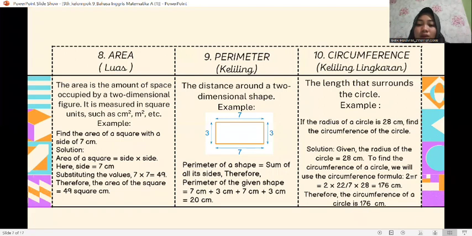So 2 times 22 divided by 7 times 28, since r is 28, equals 176 centimeters. Therefore, the circumference of the circle is 176 centimeters.